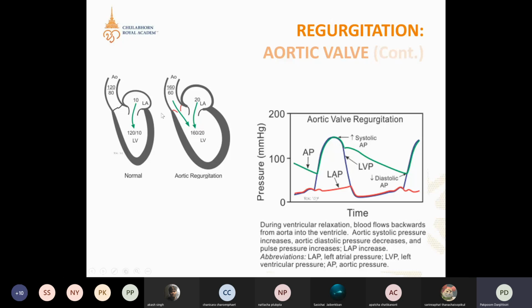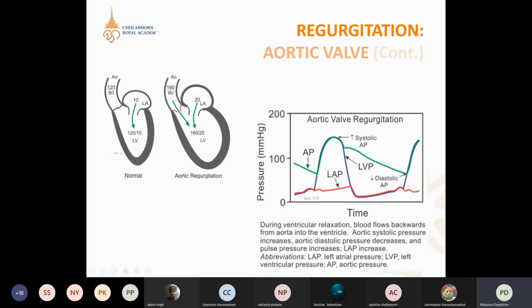Again, the systolic pressure is higher than normal, and the diastolic pressure of the aorta is reduced as well because blood goes back into the LV during the diastolic phase.